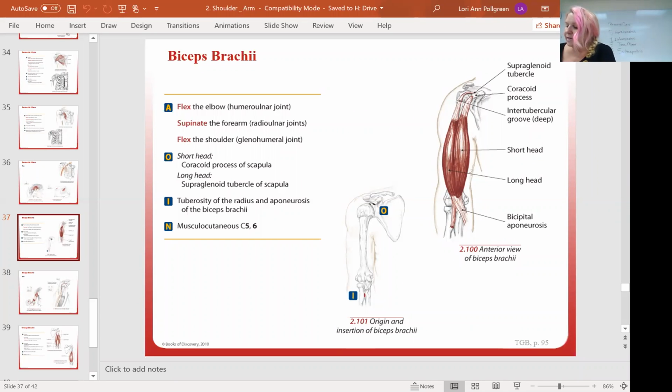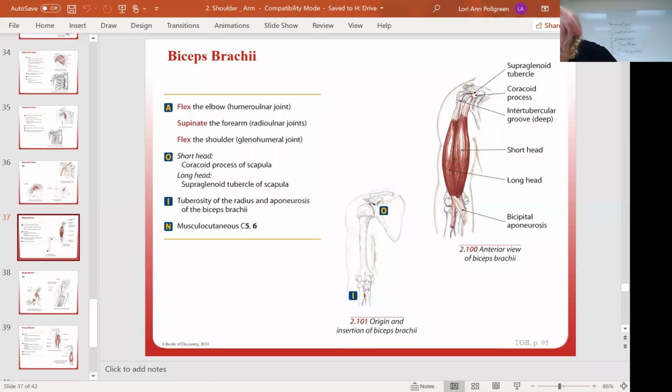It originates at the coracoid process of the scapula. The short head does. The long head originates at the supraglenoid tubercle of the scapula. And that long head runs through that bicipital groove, and they come down and they insert at the tuberosity of the radius and the aponeurosis of the biceps brachii.